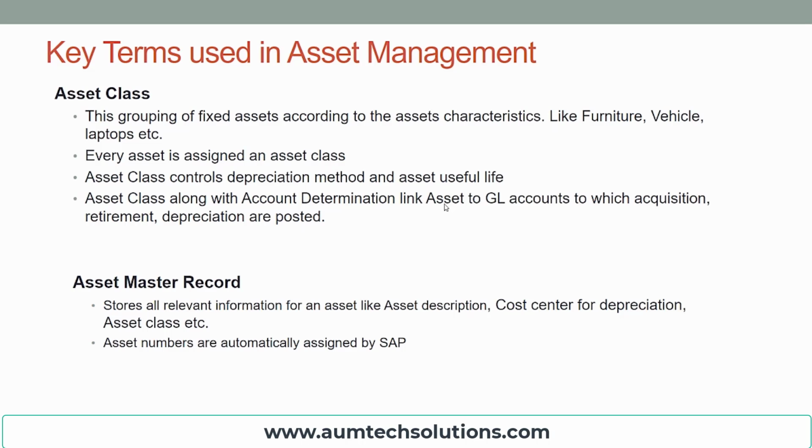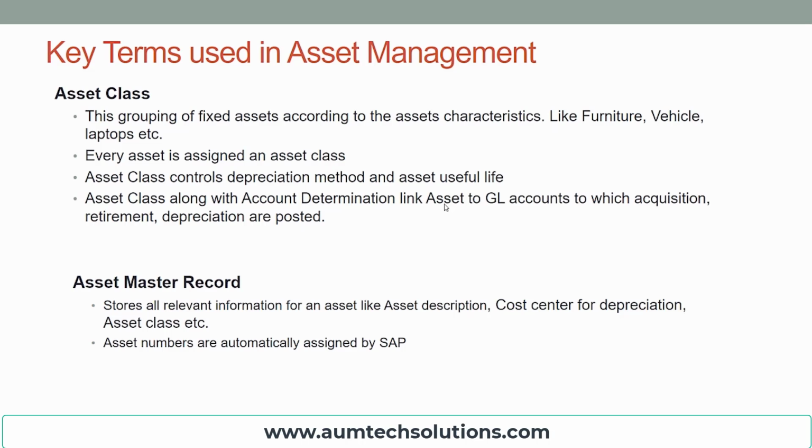So the asset class also determines, when an acquisition is made of an asset, to which GL account this entry will go. We will look at all these aspects later in this section, and also look at them in SAP.